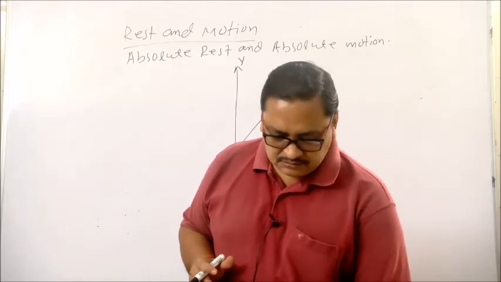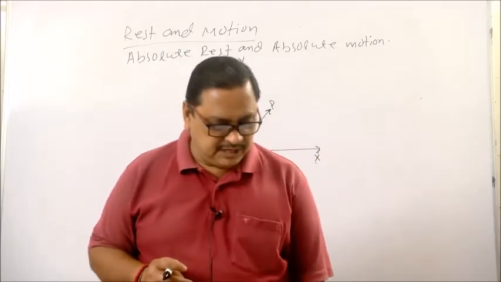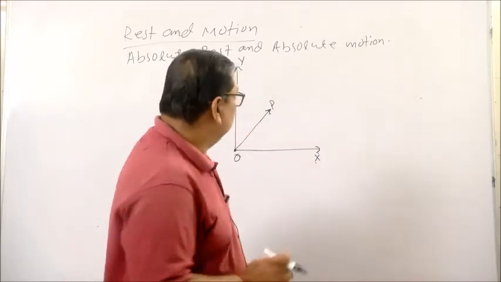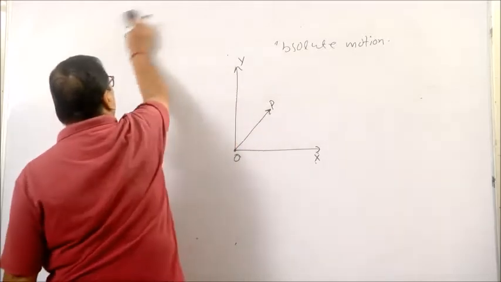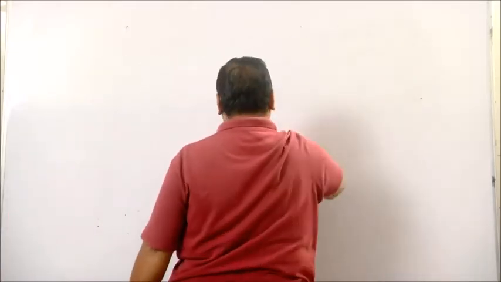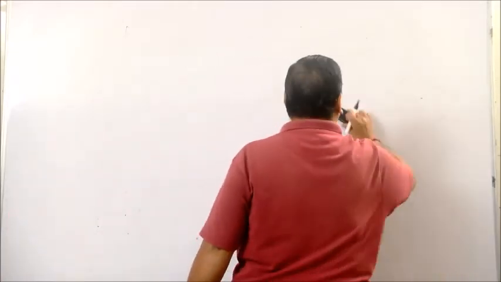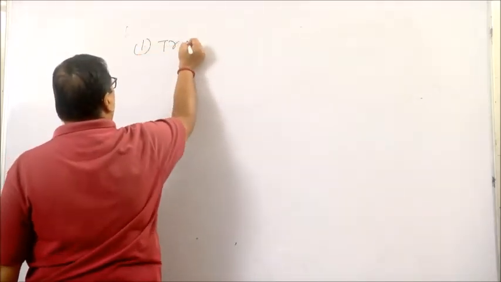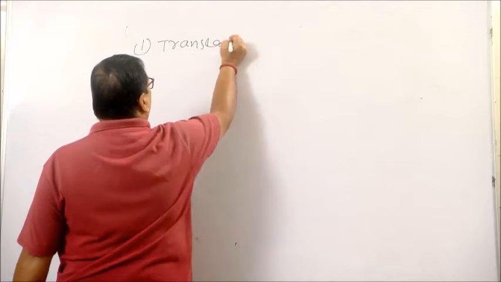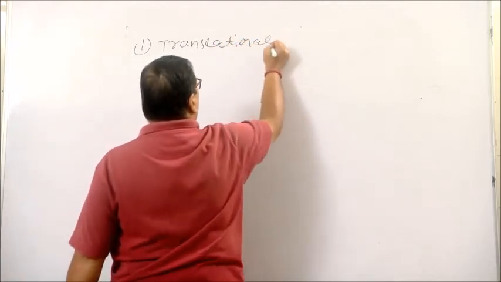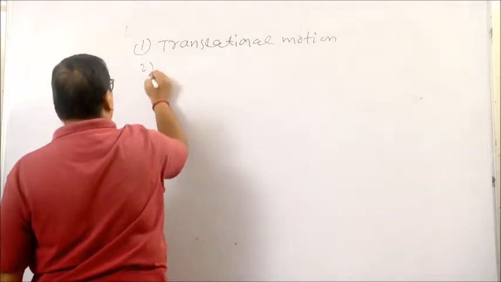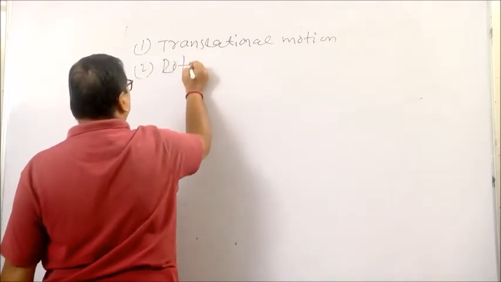Okay, now we will discuss various types of motion. The basic types of motion are translational motion and, second, rotational motion.